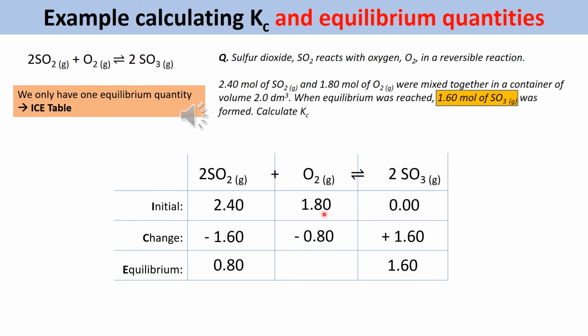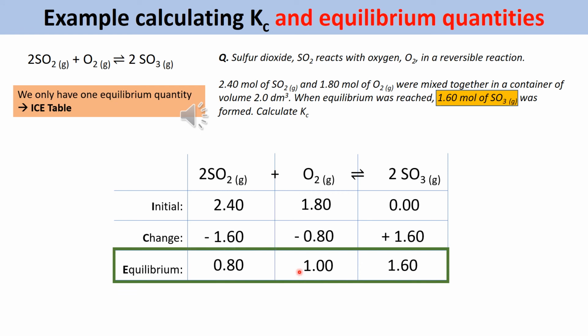So 1.80 minus 0.80, I'm going to be left with 1. So now what we can see is that we've used the change in the quantity of product to work out how much the reactants should have changed by, and therefore we've got the equilibrium quantities there of both our reactants and our products.